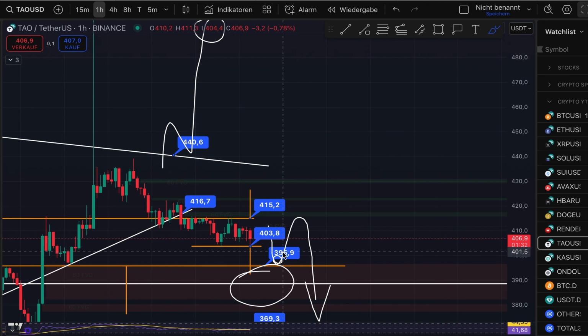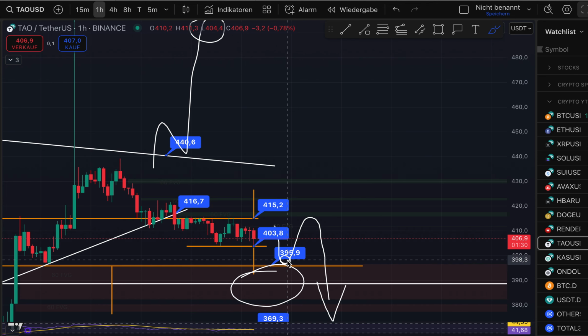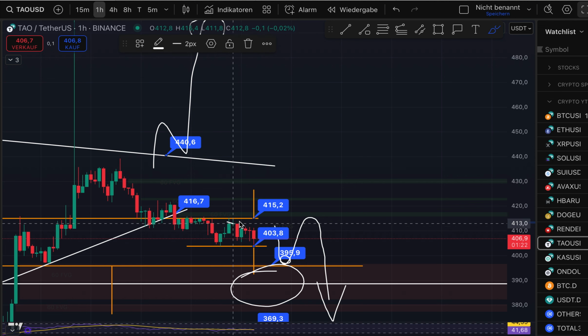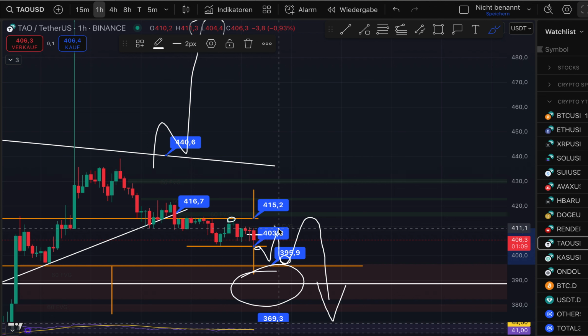The only question is, are we going to get a bounce there, or are we going to break it straight to the downside? If we get a bounce there, then for sure my profits can be lost, because here's my trade. Here I would double up my position size. My average price would be somewhere here. If we then push to the downside and get a bounce, then I would be out of the trade, maybe even into losses if I don't set my stop loss to break even.